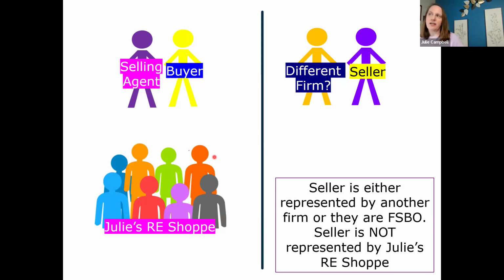One of you is the selling agent. The seller is either represented by another firm or going for sale by owner. Those three that we just ran through are single agency, meaning we're only ever going to have one client. Questions on single agency? Besides, why would anybody do that? I don't know.